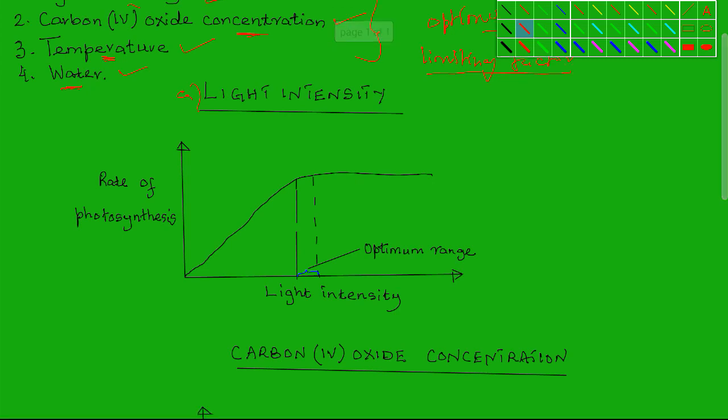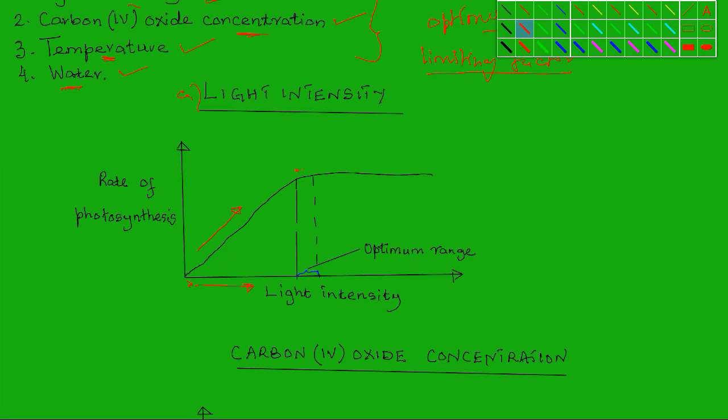So if you look at the graph, that point that produces the highest rate of photosynthesis corresponds to the optimum range of light intensity. A further increase beyond the optimum range will not yield any increase in the rate of photosynthesis. Why?